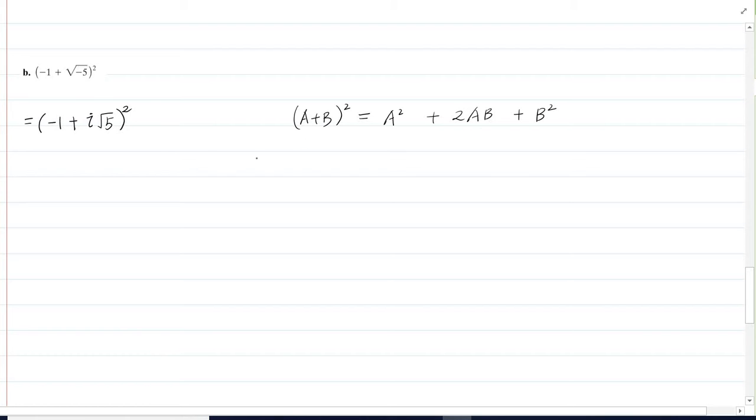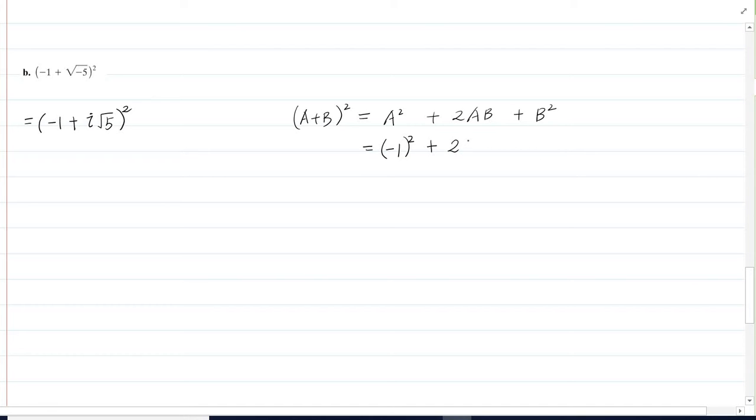Again, you could have used the FOIL method. But in this case, we're going to use this formula right here. So if I compare here, my a is what? My a is negative 1. Okay, so my a is negative 1, and then I'm going to write it down.